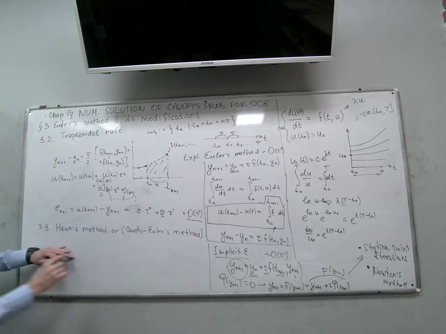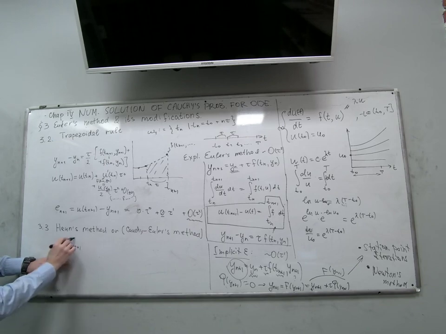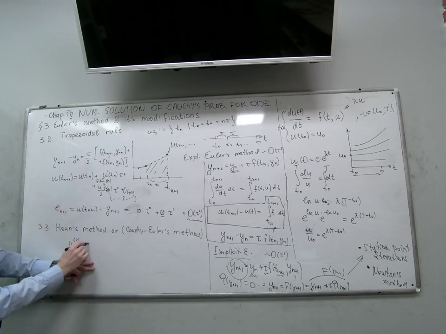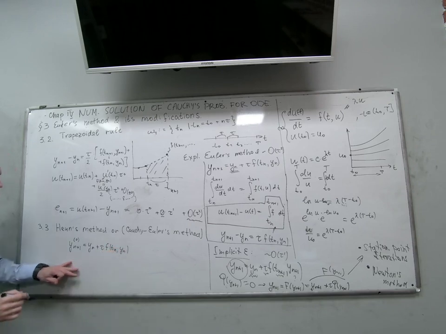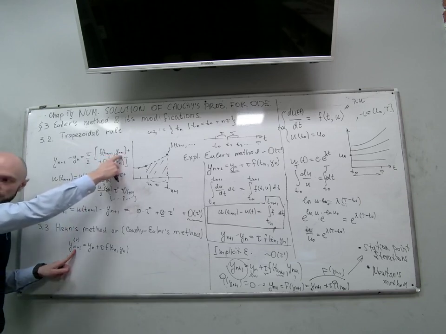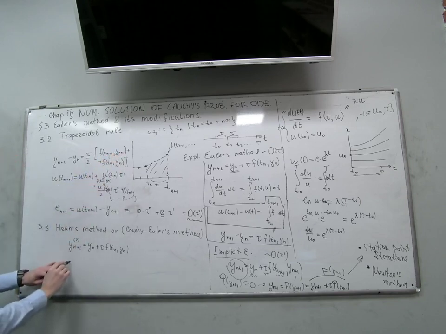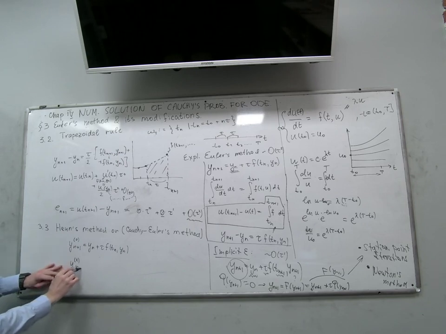So what do we do? We calculate the first approximation, or zero approximation, to the solution on the next time step using Euler's method. And then we substitute this approximation into this formula, into the right hand side, and get a better approximation to the solution.